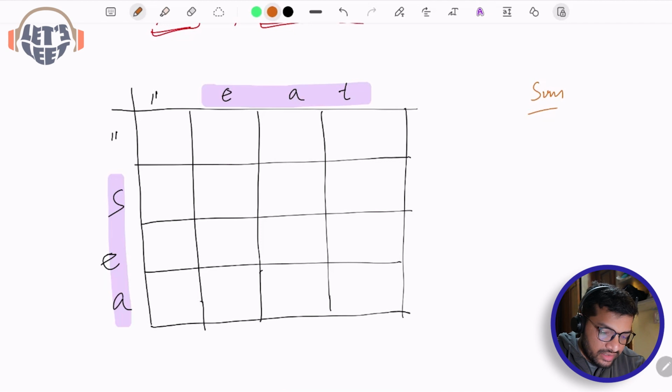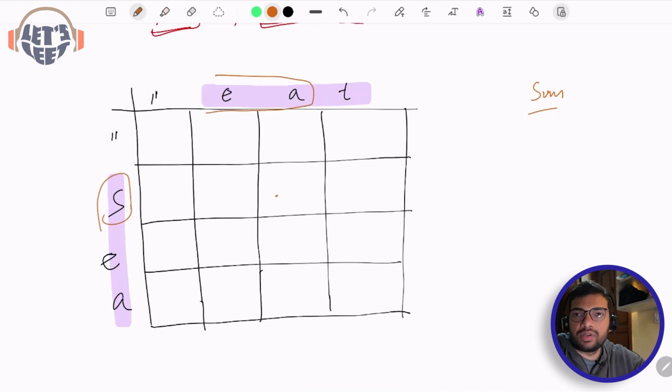What I mean by that is, let's say if I talk about this particular cell, now this will represent the cost required to make "ea" and "s" equal. So what will be the result? We need to make "ea" and "s" equal.